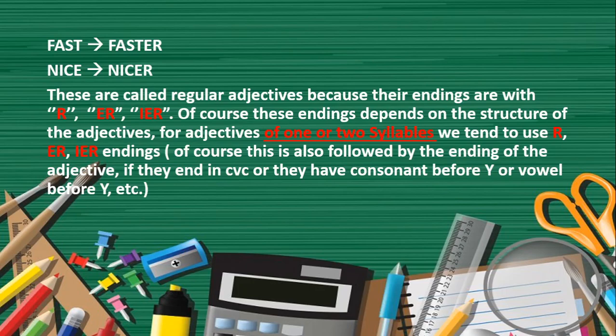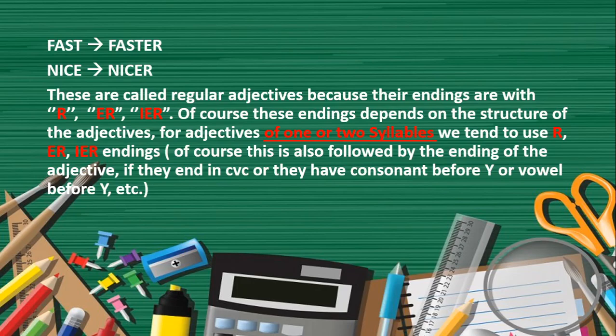You remember that for the rules of plural and singular, depending on the ending of the adjective, if the adjective ends in a vowel before y or a consonant before y, you have specific structures to place the ending. So it's the same here. We have r, er, or ier, but depending on the ending of the adjective, that is how we are going to place these endings. Okay, that is something that I won't explain today, but I will be explaining later.